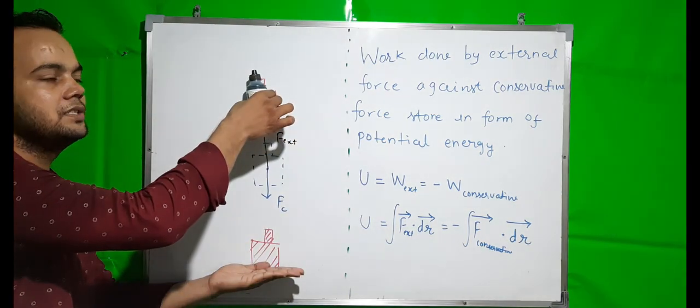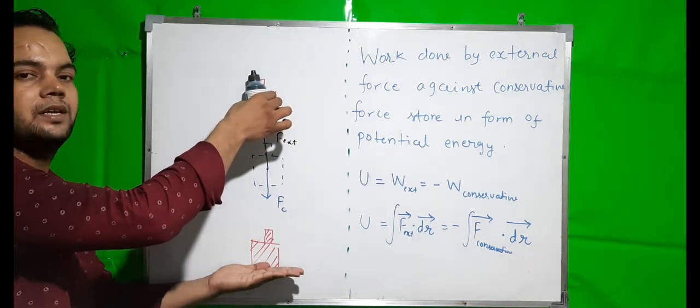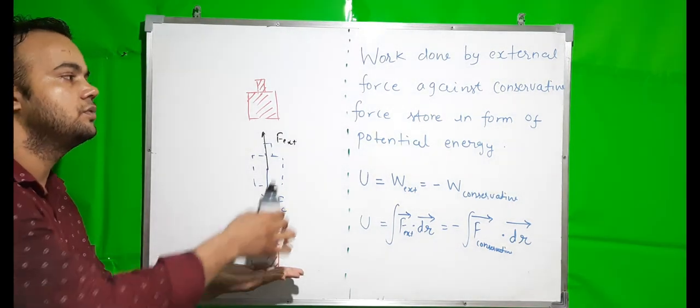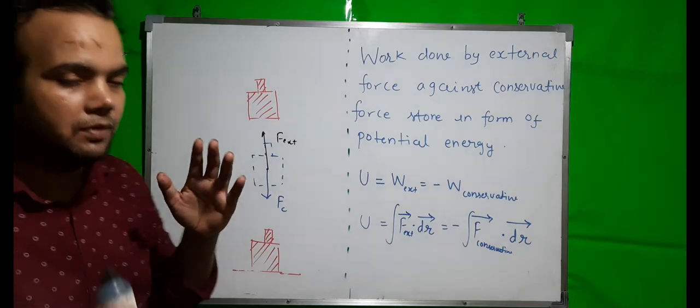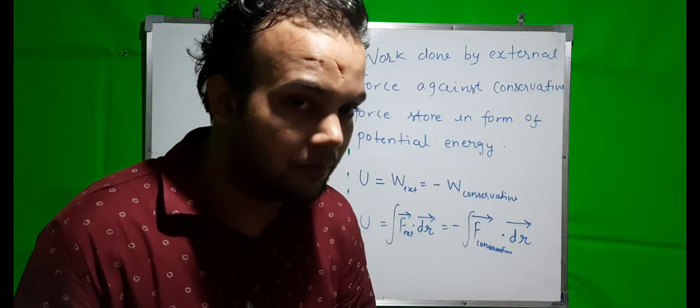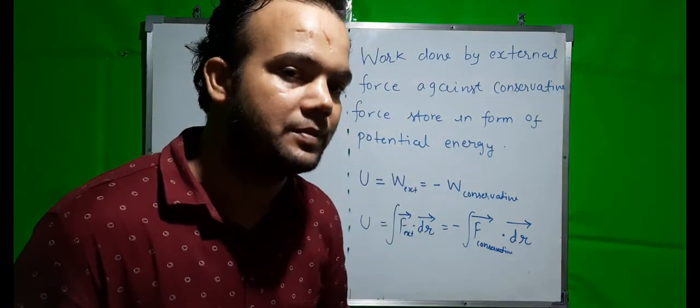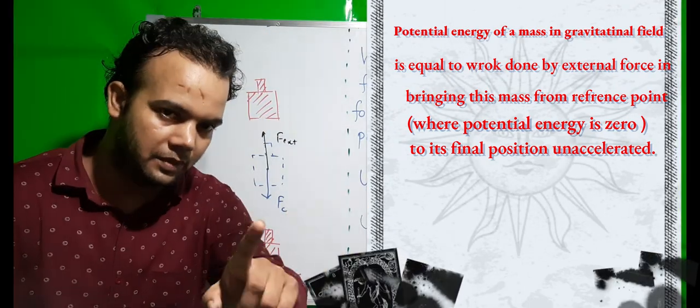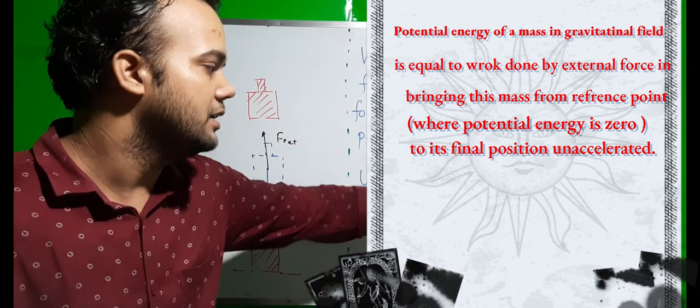Here the potential energy of the body will be equal to the work done in bringing it from 0 potential energy, that is the ground, to this position. Please remember this point. There are two important concepts. The first point is potential energy is equal to the work done by the external force or the negative of the work done by the conservative force.